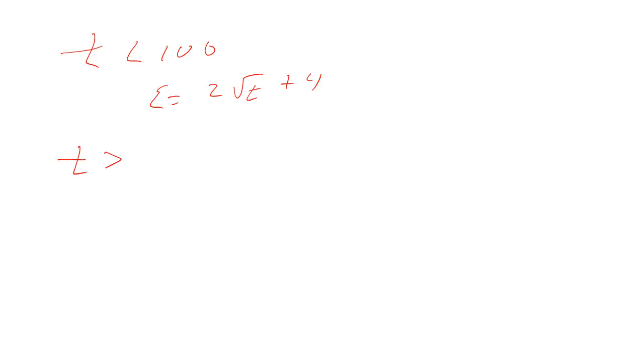For T greater than 100, epsilon is equal to 2 square root of T plus 4 minus 2 square root of T minus 100 plus 4. And so the 4s go away.